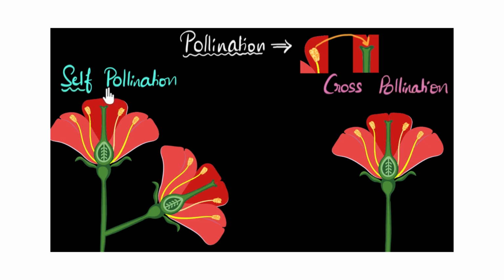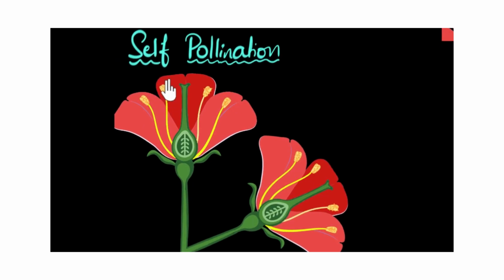What exactly is this? As the name suggests, if the pollen grains are transferred within the same plant itself, then we'll say it's self-pollination. One way that can happen is if you have pollen grains transferred within the same flower, from the anther to the stigma of the same flower. This is self-pollination.